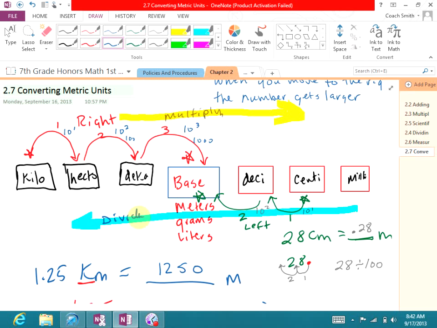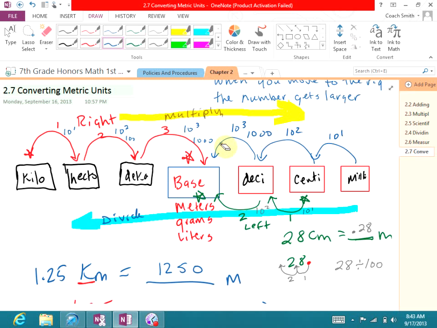It's either 10, hundreds, or thousandths. So in other words, to go from here to here, it's 10 to the first, so that would be 10. To go from here to here, that's another, so it's 10 to the second, so that's 100. And then go from here to here, that's 10 to the third, which is 1,000. So there's 1,000 millimeters in 1 meter. Okay? And that's how that system works.